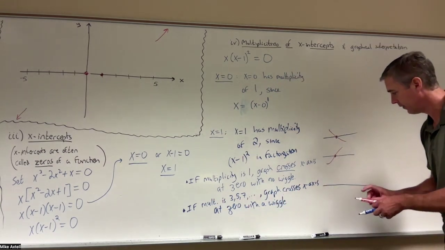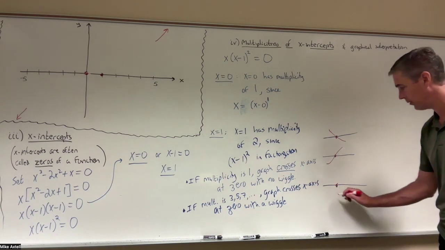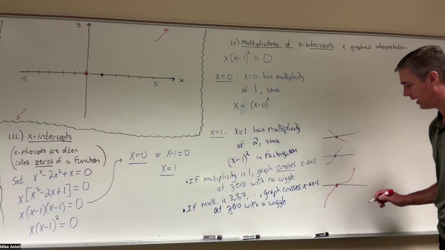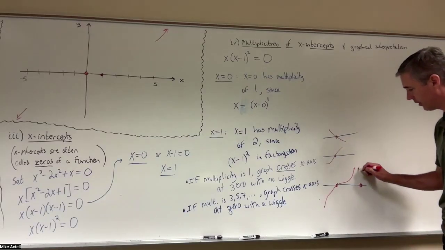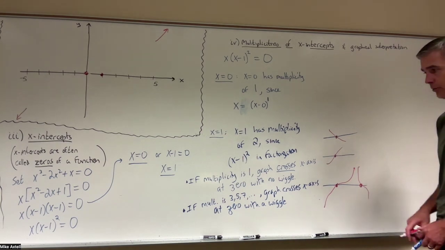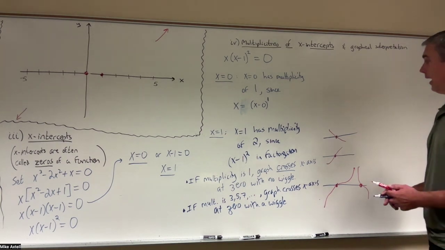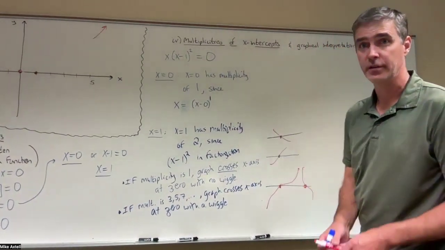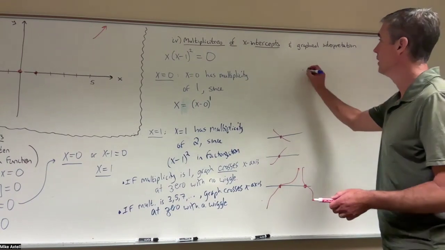So, if that is the 0, it might cross with a bit of a flattening and then up. Or if this was the 0, a bit of a flattening and then down, kind of like the graph of x cubed, okay?